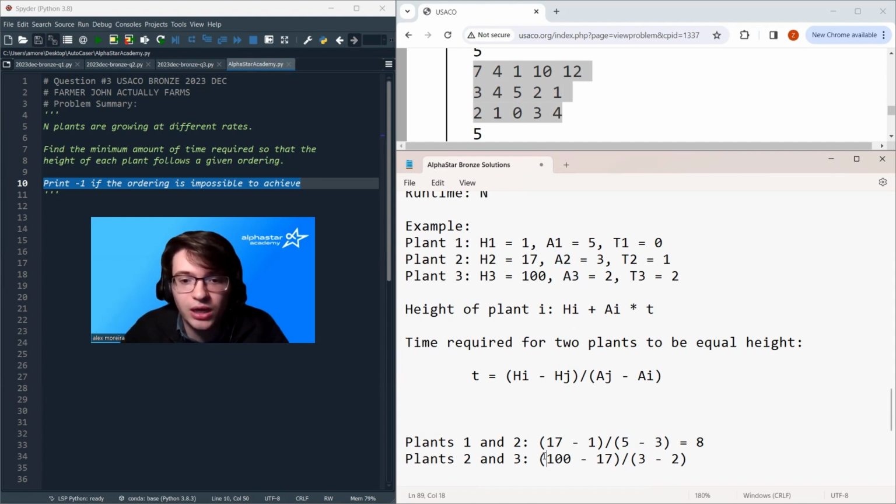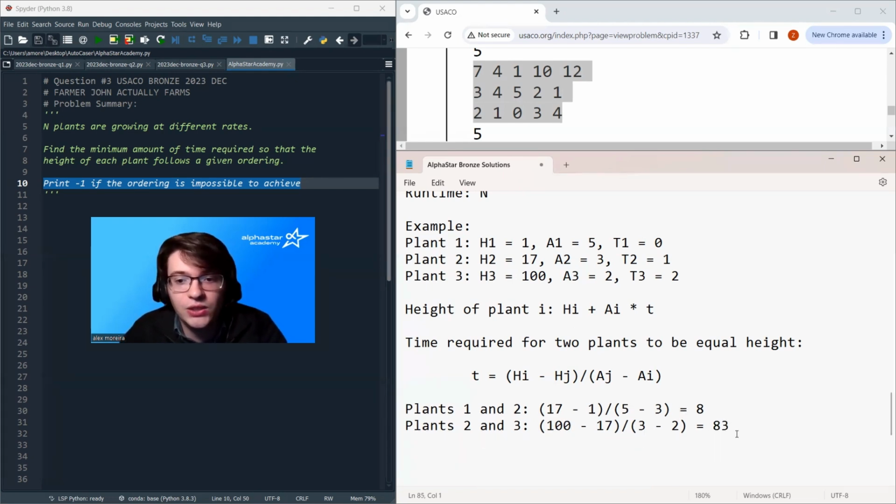So that's going to be 100 minus 17 over 1, also known as 83. And these are the times required for the plants to become equal. So at time 8, plants 1 and 2 will be equal height, and plants 2 and 3 will be equal at time 83.